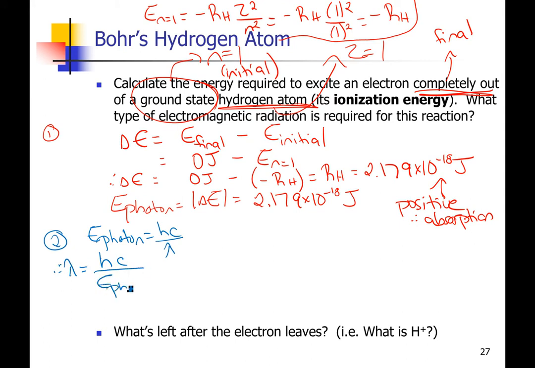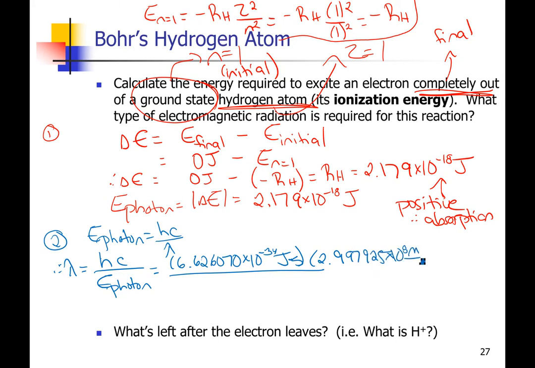And then I plug in all my numbers, 6.626070 times 10 to the minus 34 joules per hertz, or joules times seconds, times 2.99795 times 10 to the 8 meters per second, all divided by 2.179 times 10 to the minus 18 joules.